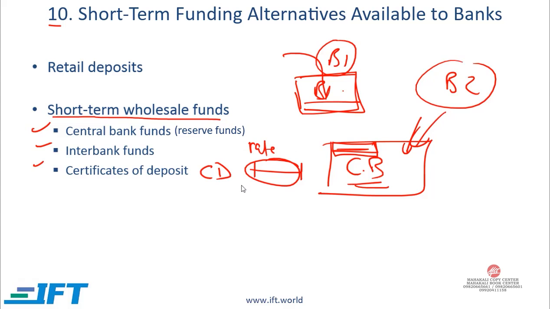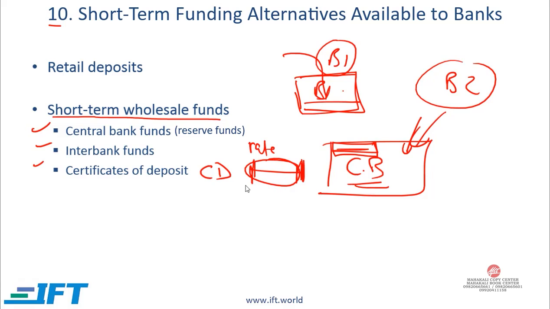Within CDs, we can have two forms, negotiable and non-negotiable. With a non-negotiable CD, the depositor is not allowed to take out money before the maturity date, and if the depositor does withdraw, then a fee needs to be paid or there is a penalty.